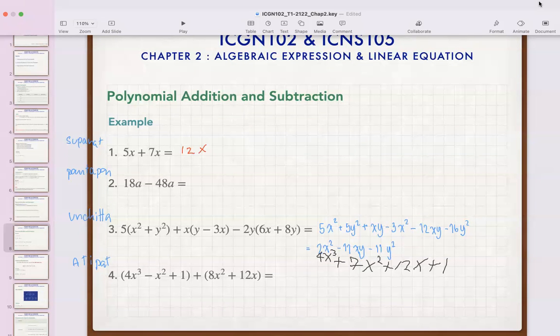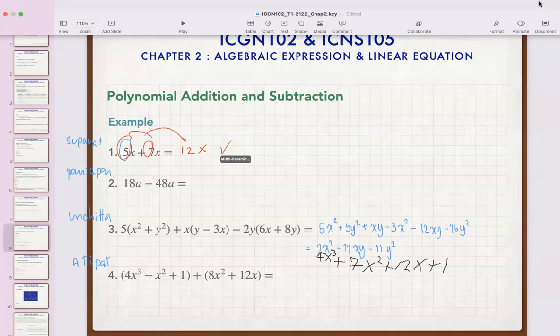Okay, everyone, let's continue and see what your classmates did, and how it's going for the first one. 5x plus 7x: this one we use the concept of like terms, you add the coefficients together, 5 plus 7 you get 12, then you get 12x.